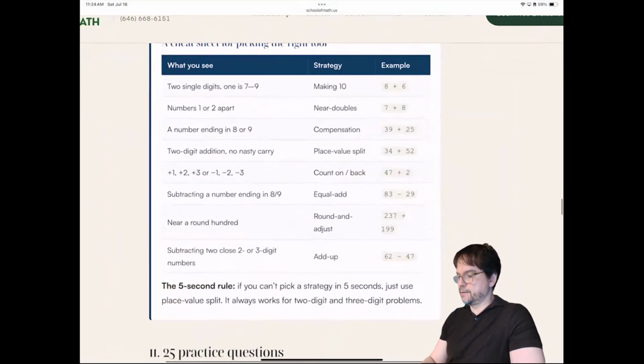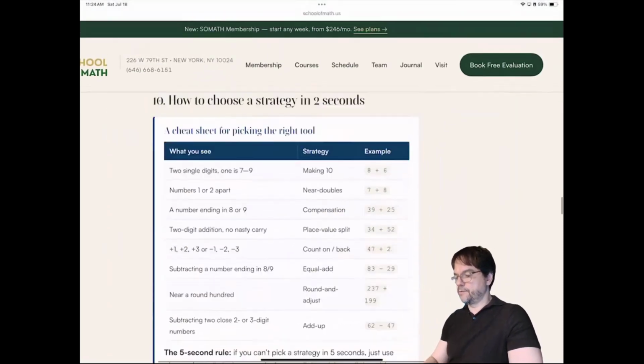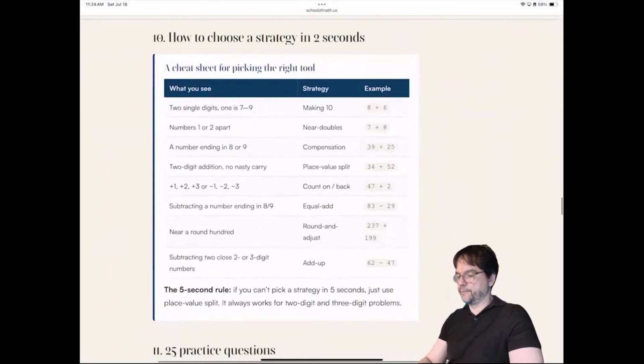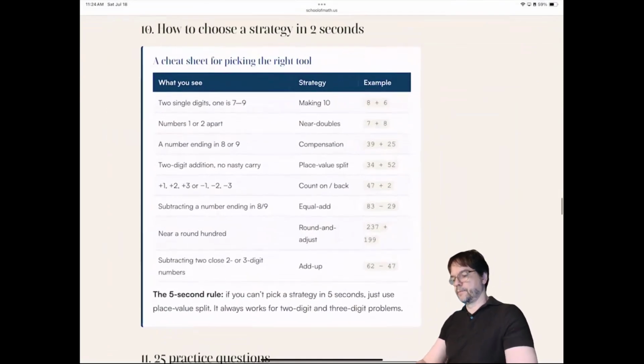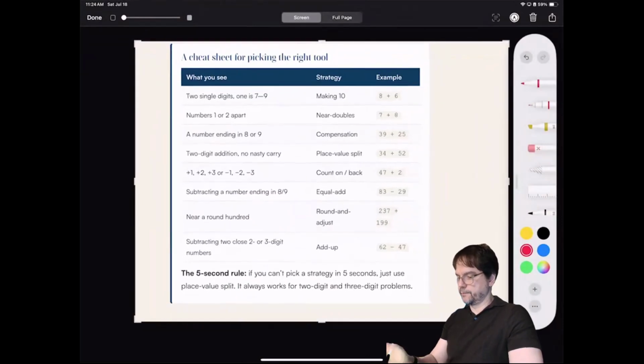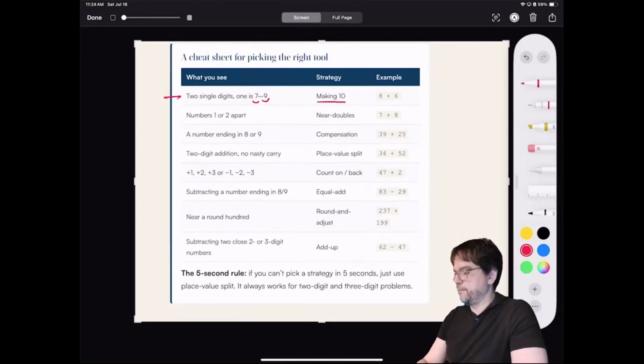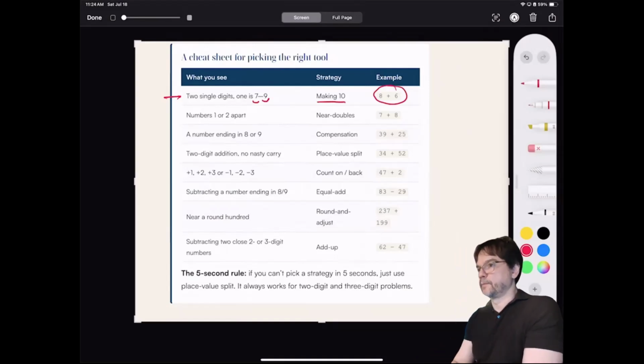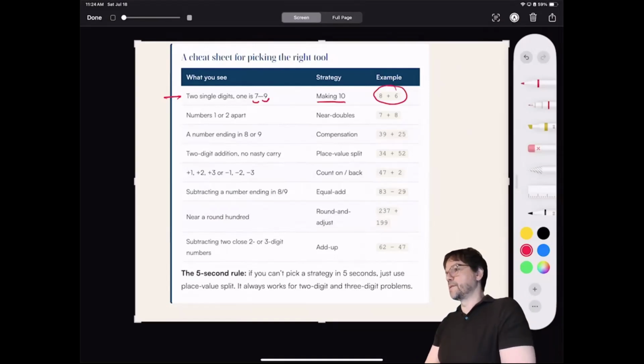Here you find, to finish, everything that we learned today, the strategies that we saw. If you have two single digits, like 7 and 9, make 10. This is an example. Pay attention, I have 5 more minutes.